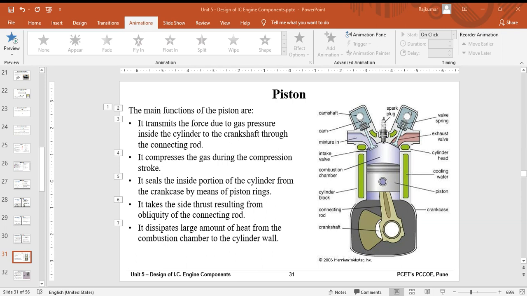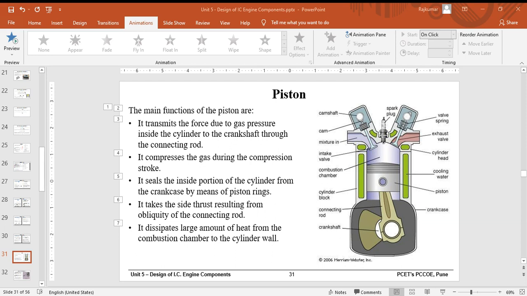HCV is the higher calorific value of fuel, in kilojoule per kg. m is the mass of fuel used per brake power per second, and BP is the brake power. So with the help of this formula, you can calculate the amount of heat conducted through the piston, or if you are interested to know the mass of fuel used per brake power per second, you can also use this formula.